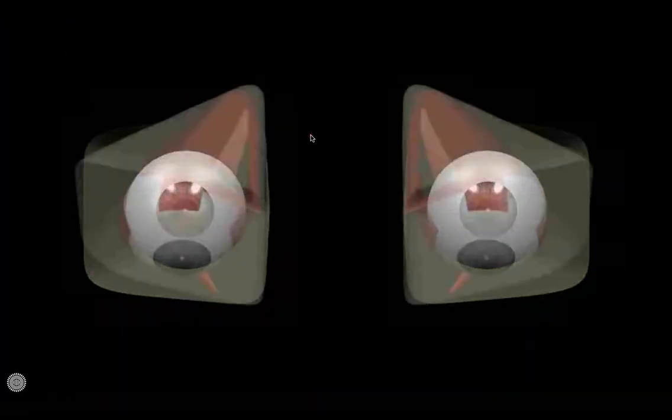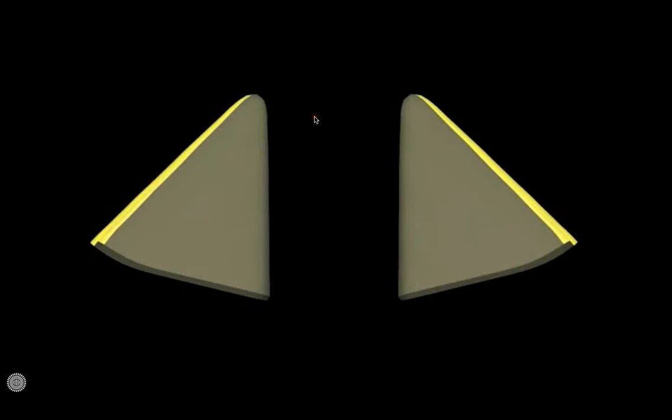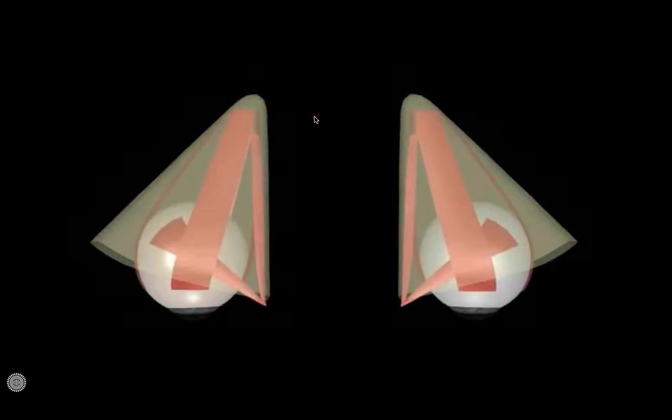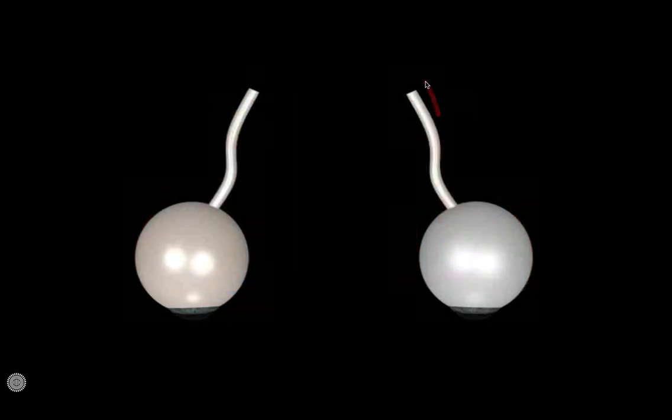So here are the eyes in the sockets. Again, this is that 23-degree angulation. Obviously, the orbital bones are the margins of the ocular orbit here. We've got the oculomotor nerve here.